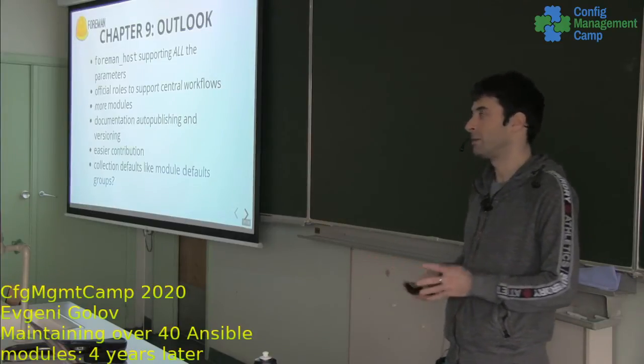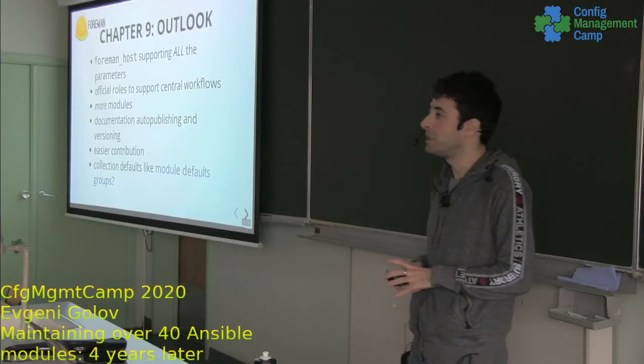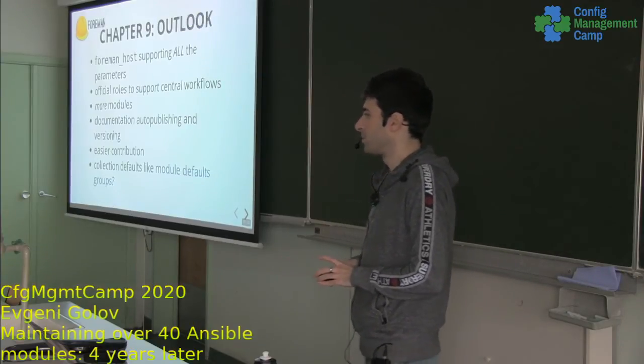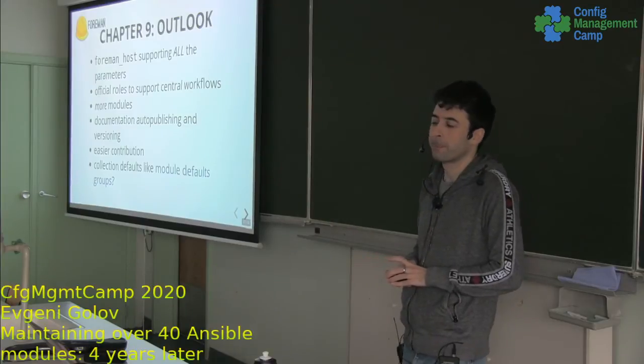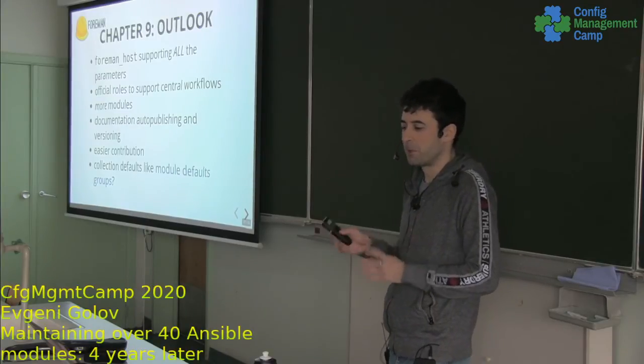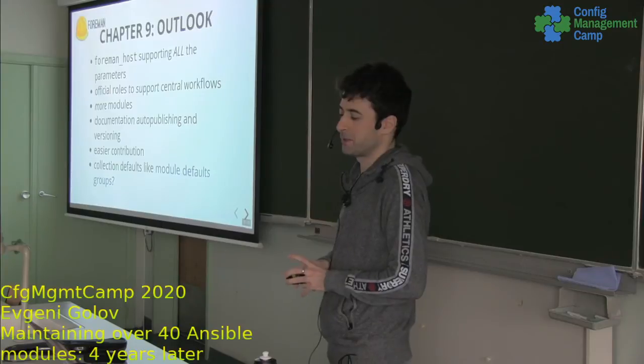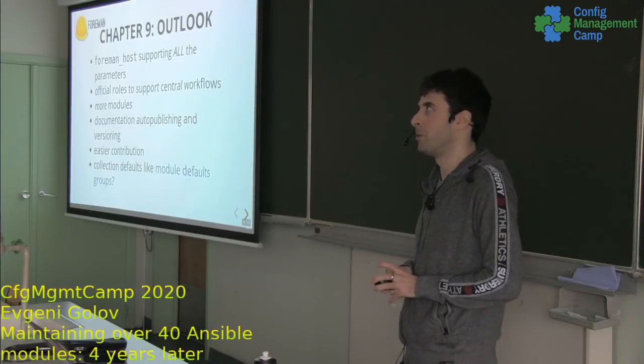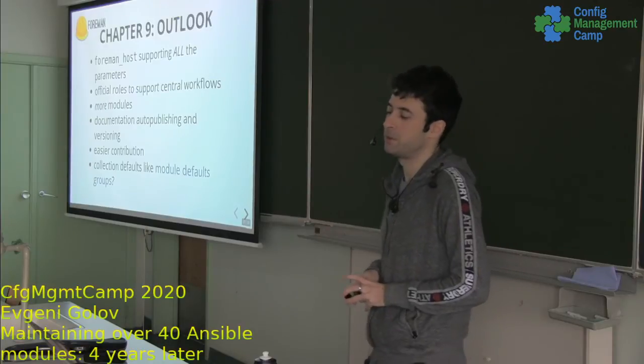Foreman allows, I don't know, probably 50-ish or 60-ish parameters when you create a host. We support maybe 10 of them. So one of the biggest goals is to support all, or at least all important, to actually be able to deploy machines.